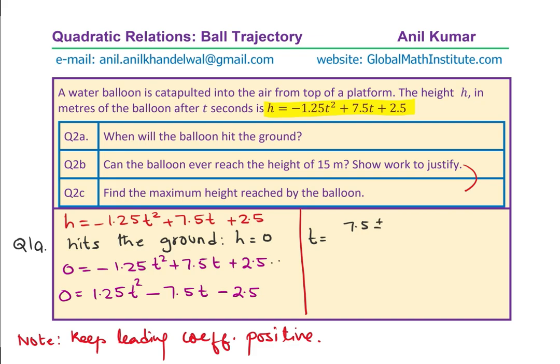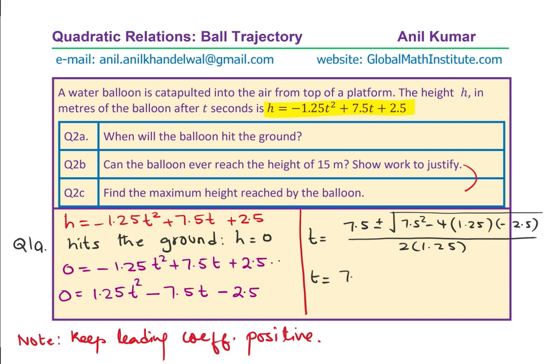Minus b plus minus the square root of b squared, which means 7.5 squared, minus 4ac. 4 times a is 1.25 and c is minus 2.5. Over 2 times 1.25. You get the idea. Now let's rewrite this.